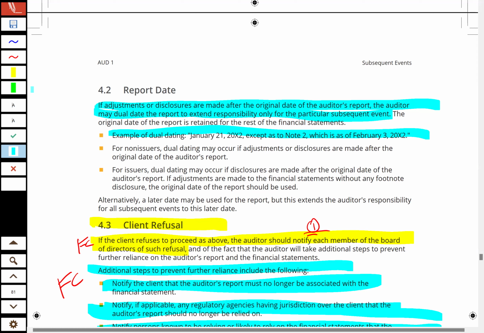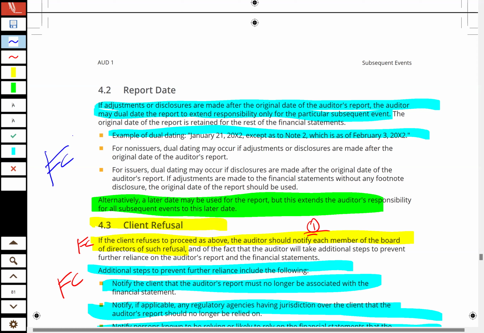Alternatively, you could erase January 21st and put February 3rd, but you're extending responsibility for anything that might have happened in that subsequent period beyond where you had done your subsequent events review. So that wouldn't be wise. Flashcard this point about dual dating.